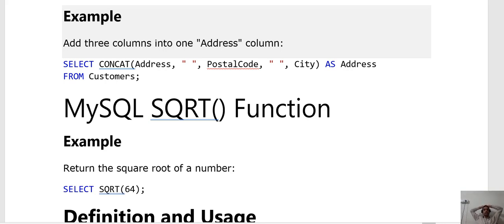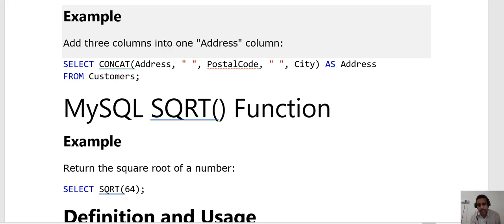These 3 columns are merged together to see them as one single column for the customer. So this is called the CONCAT function.